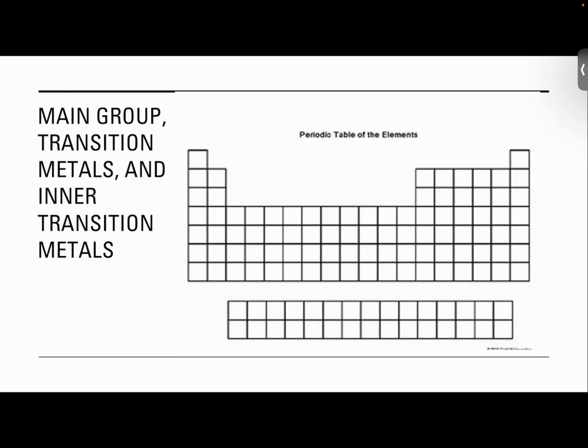Now, for group 1 and group 2, their outermost electron will be in l of 0, meaning their outermost electron is in the s subshell. Group 13 through 18, their outermost electron is going to be in l equal to 1, meaning it's going to be in a p subshell.